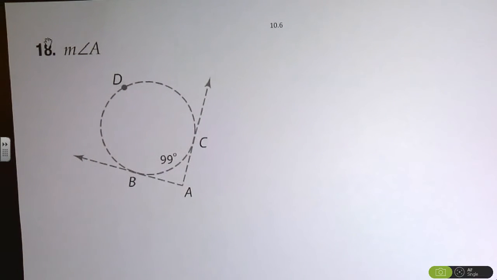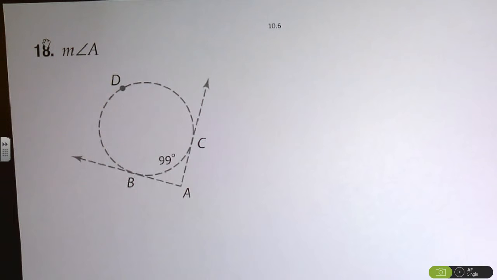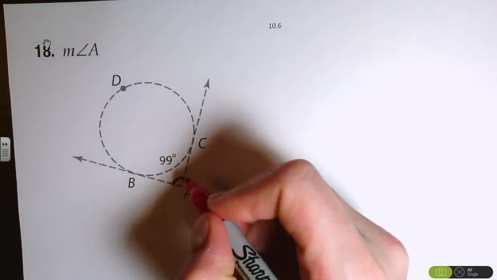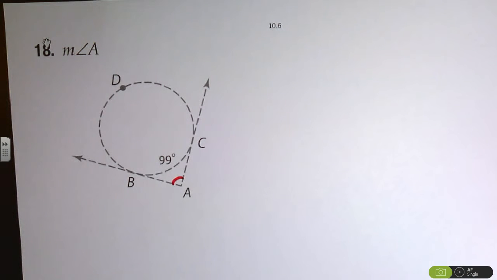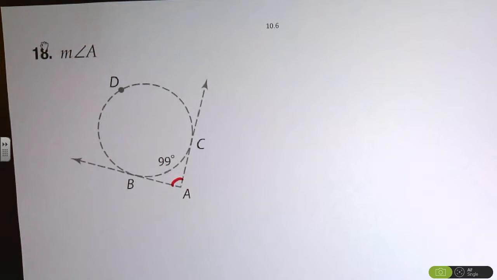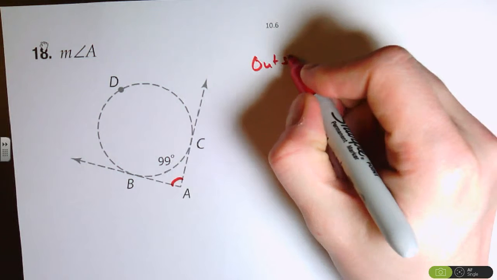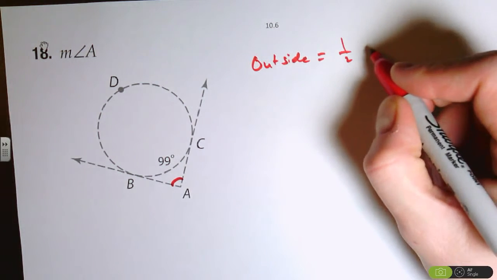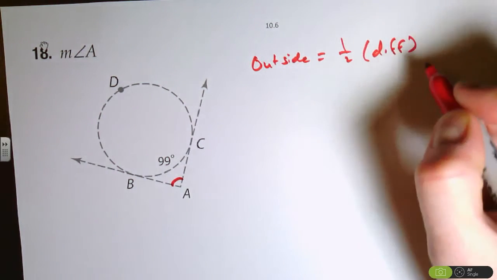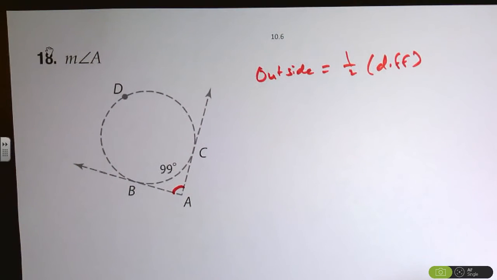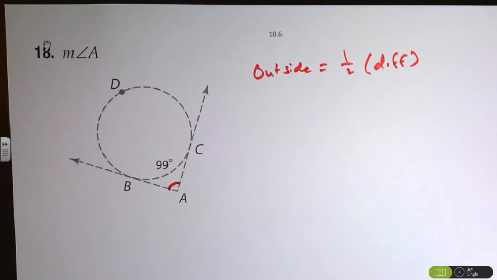Next one, number 18. I'm looking for angle A. So what I have to say to myself is, well, wait a second, where is that angle at? Oh, that angle is outside. So outside is 1/2 of the difference. Well, let's see the two arcs.